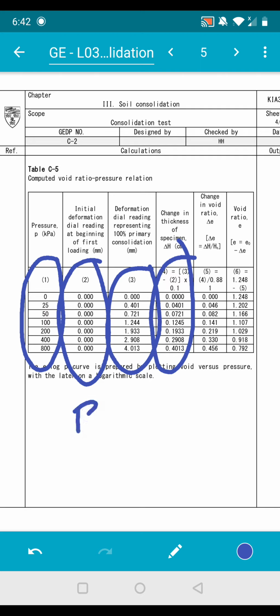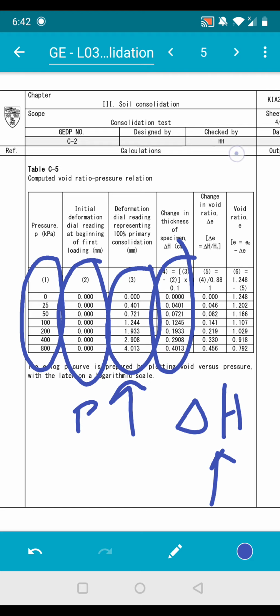When pressure is increasing, the change in thickness will also increase. Very good. And also the change in void ratio will also change. You start off with 0 and then you get 0.56 for 100 kilopascal. And you can easily find the last column here, which is your void ratio.